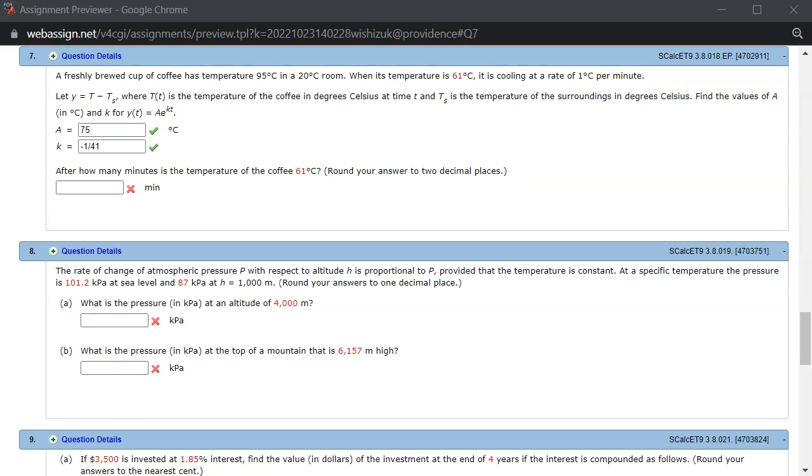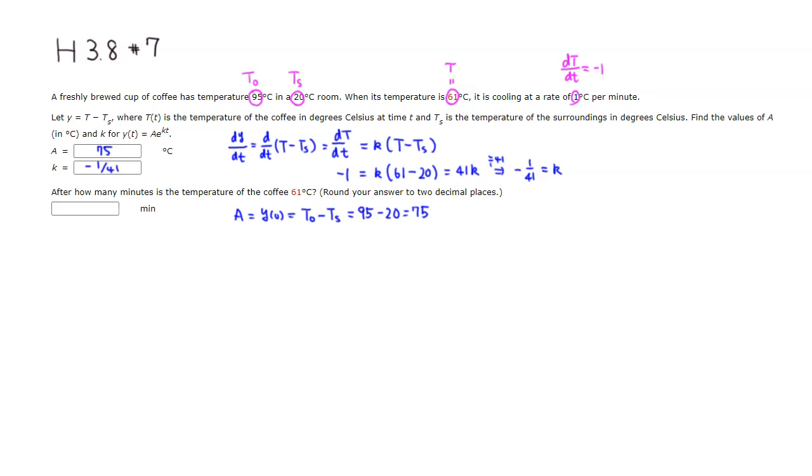All right, so we just have to set the temperature function equal to 61. The temperature function T of t is equal to T sub S plus (T sub 0 minus T sub S) e to the kt.